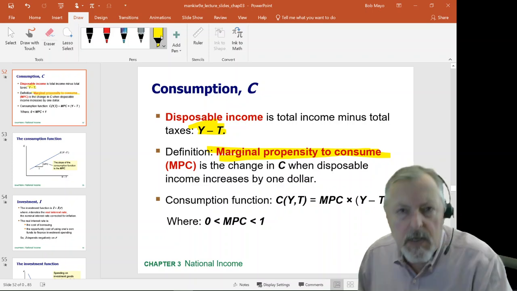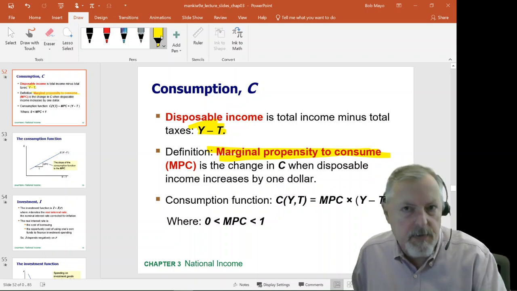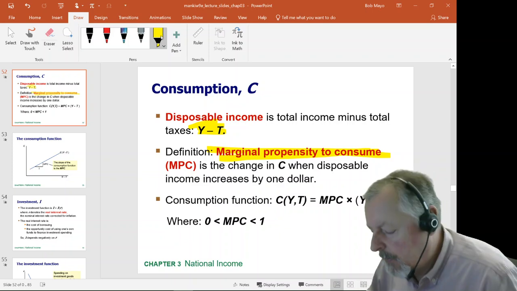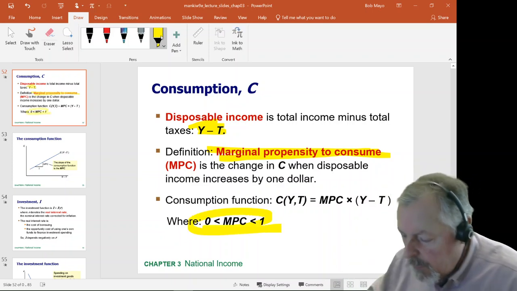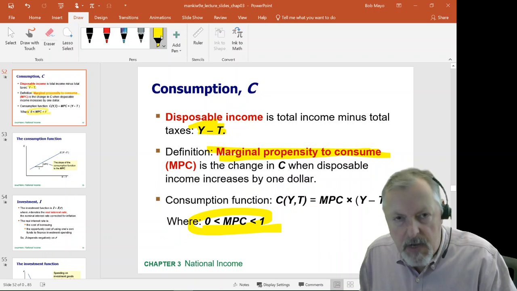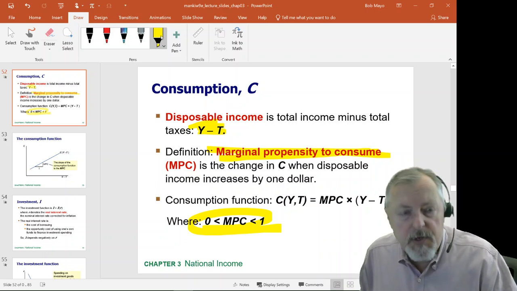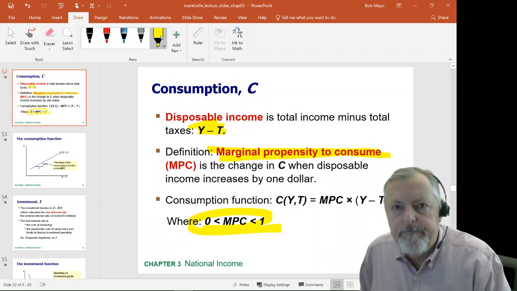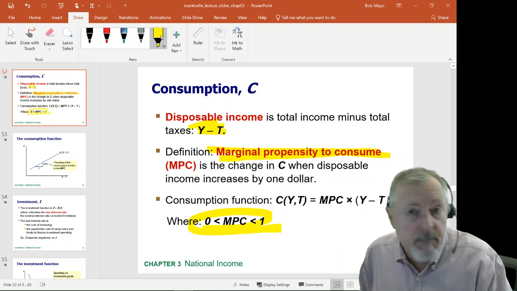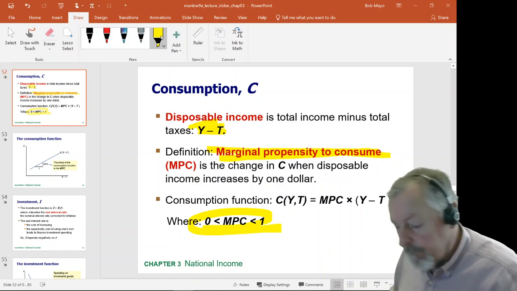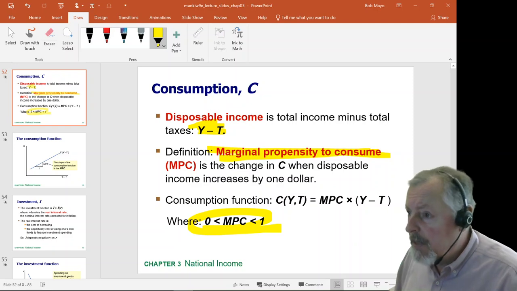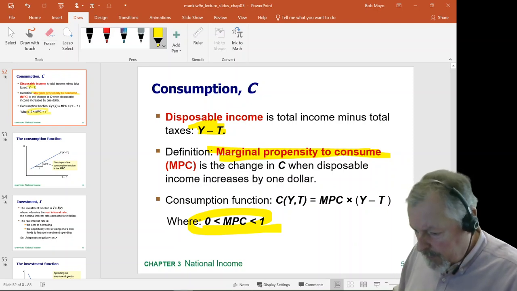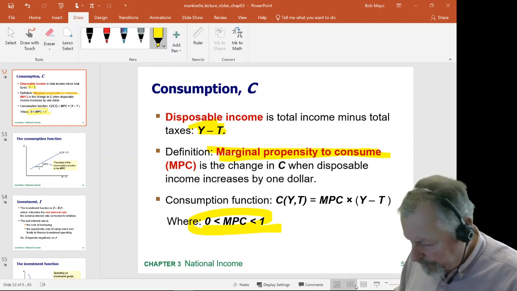If I give you $1, how much of it will you spend? It's generally modeled as between 0 and 1 because you're going to save some of it, maybe a little, maybe a lot. But consumption will not go up by the same amount.